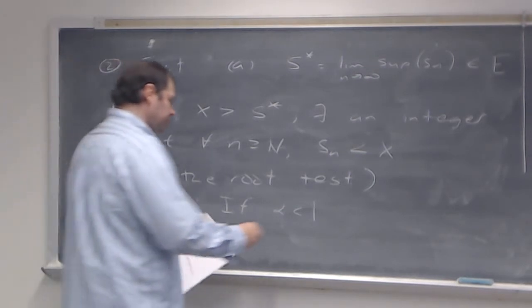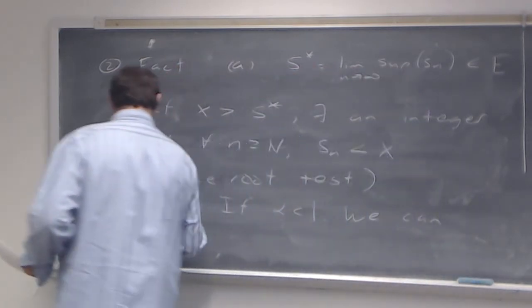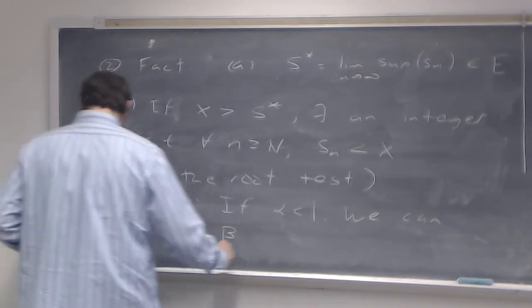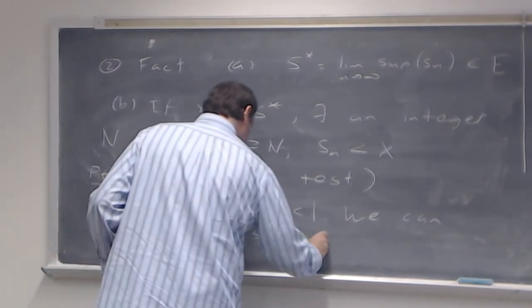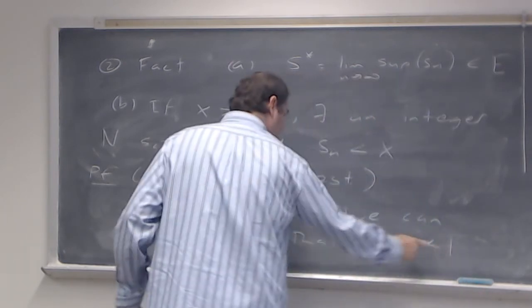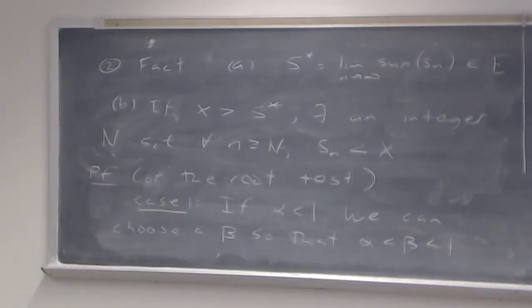Okay, we can choose a beta so that alpha is less than beta, which is less than 1. There's some gap between alpha and 1, so pick a number in between there. And we're going to use the comparison test here to get convergence. That's where we're headed.